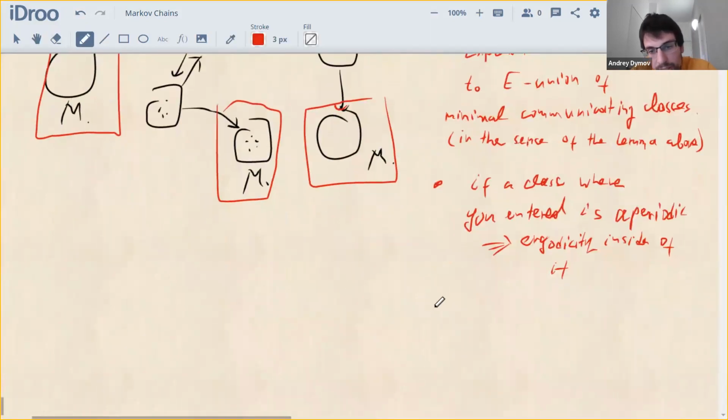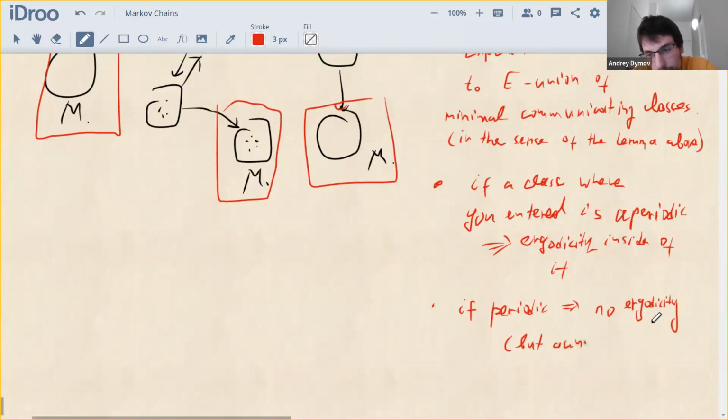But if it is periodic, then no ergodicity, but a unique stationary measure inside of this class.